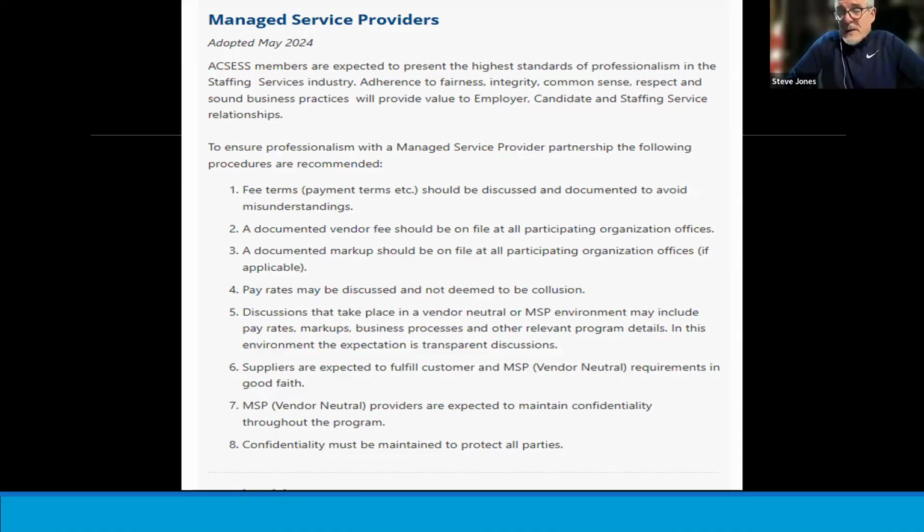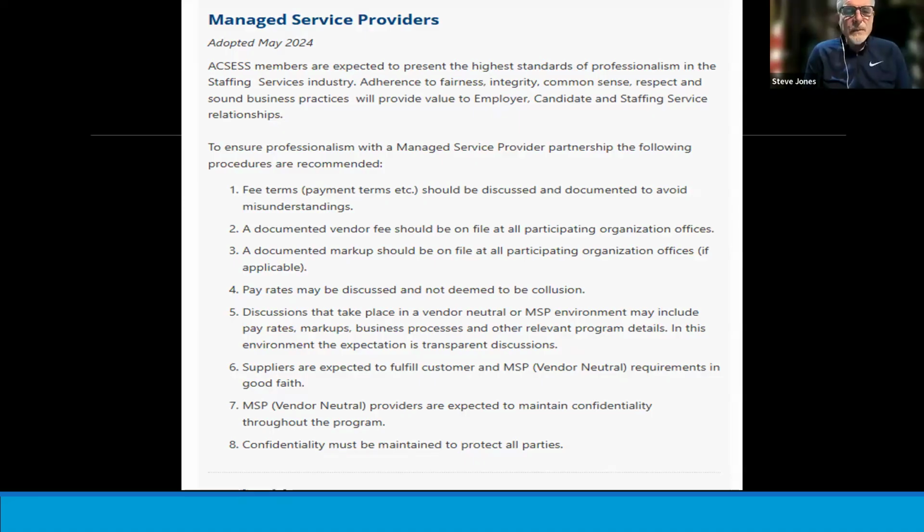So everybody's got to come through the managed service provider so that the customer is not dealing with 10 services. So if the managed service provider handles 70% of the jobs filled, but they don't have the capacity or just the ability to always fill 100% of the jobs, and they have to have sub-suppliers, then we want to have some guidelines around that.